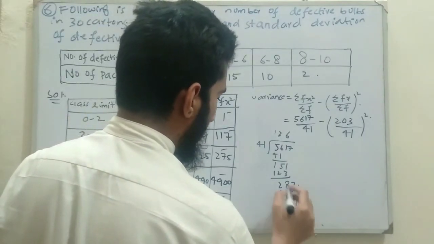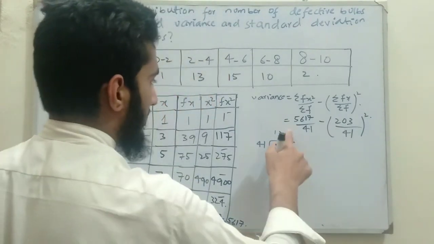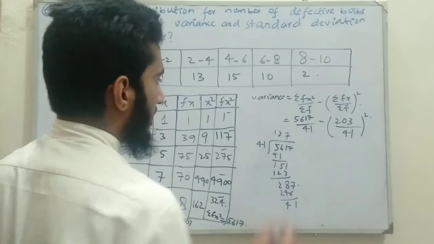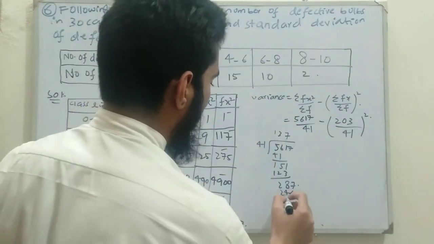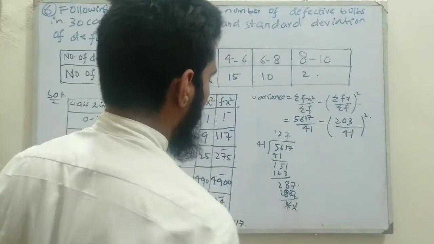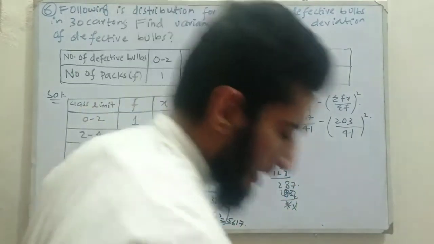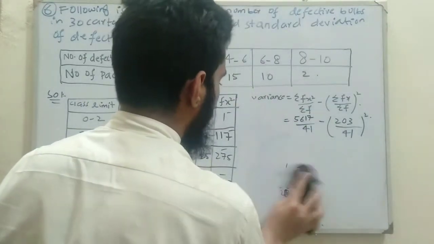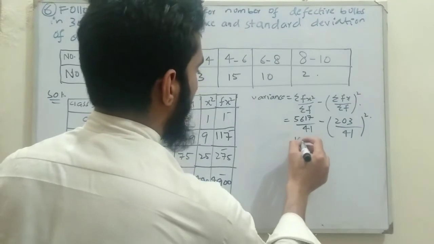So if we multiply with 7, it will give us 287. Here the remainder will be 0. So 5617 divided by 41 gives us 137. So here the value will be 137.